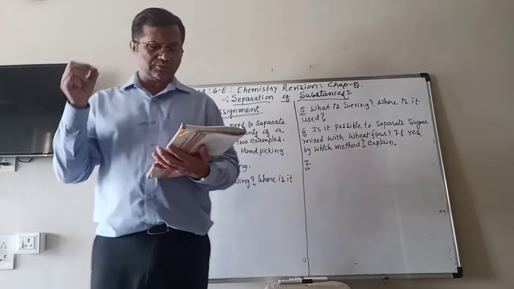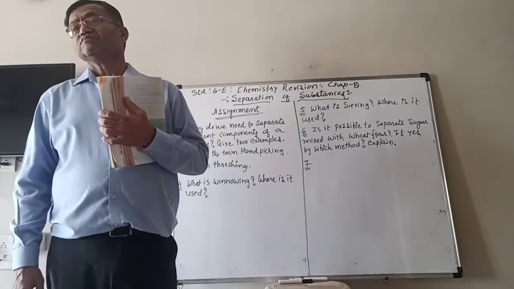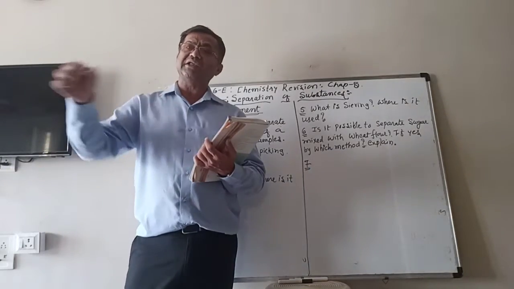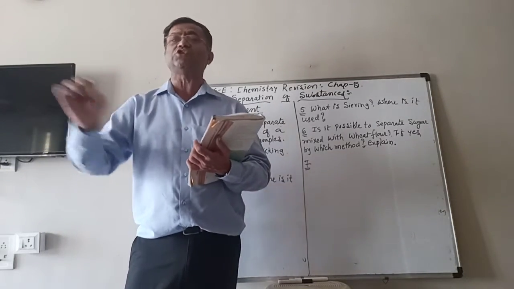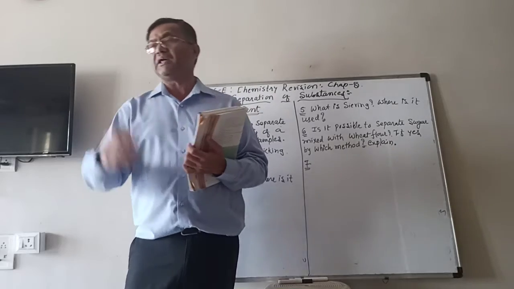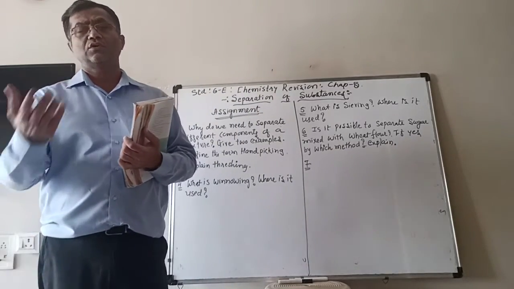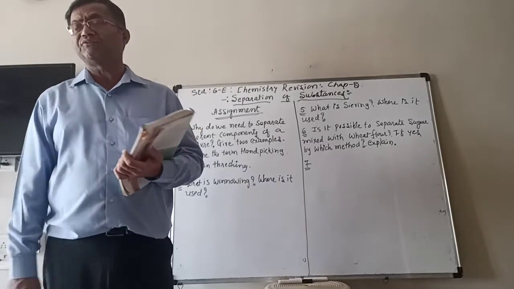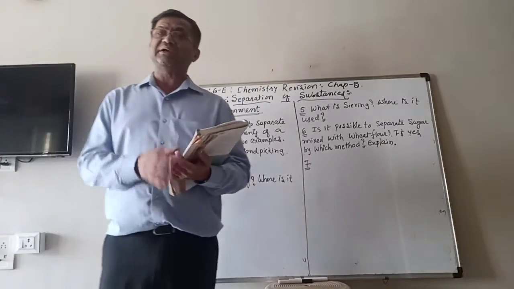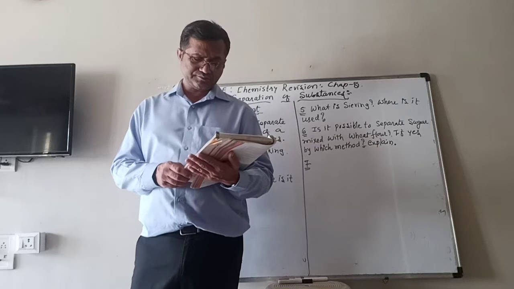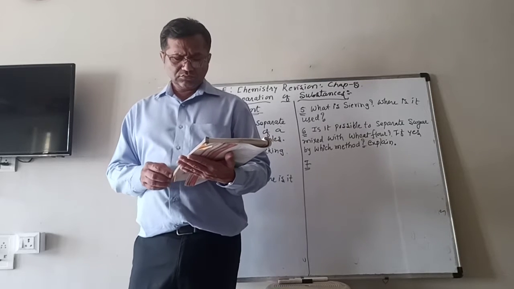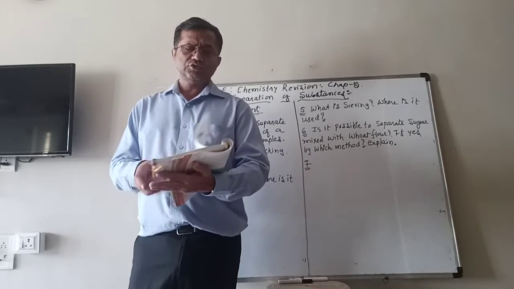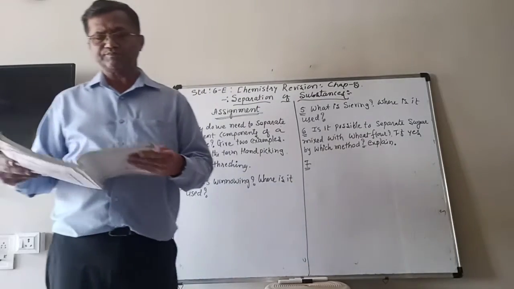Can you take them out by hand picking? From the poha, you find chili flakes by picking them with your finger. Similarly, when you separate fruits, you can do it easily. But you cannot do that every time.